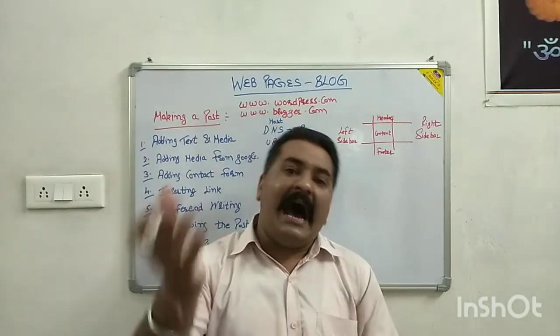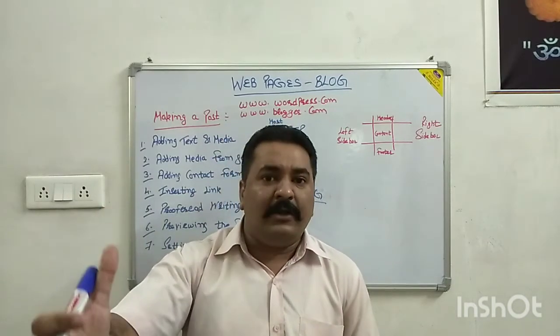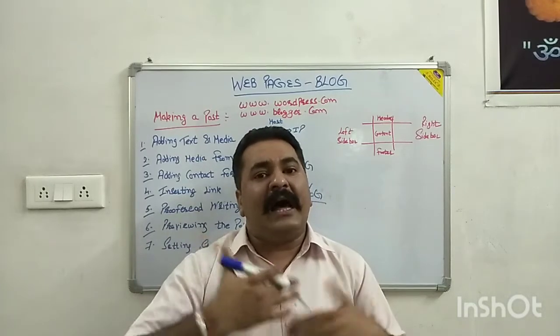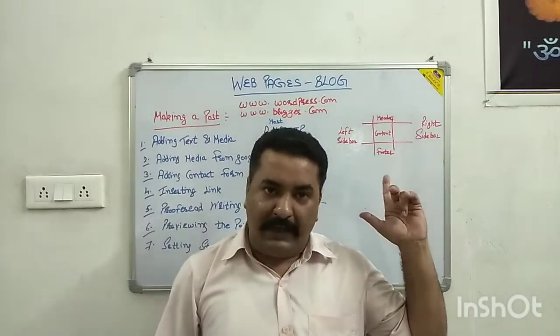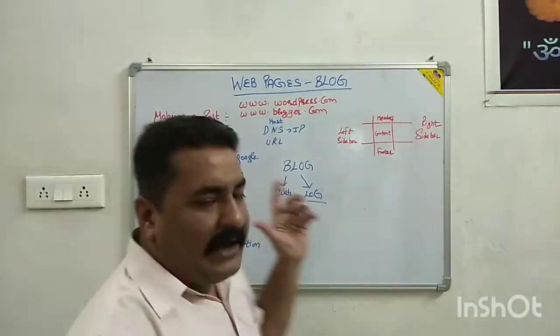The users can ask us a question daily, and we can answer the users, so we can say that we can interact with the users while using these blogs. So while creating a blog web page, we can connect with the users.